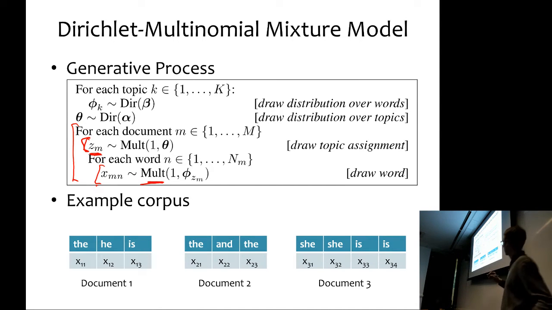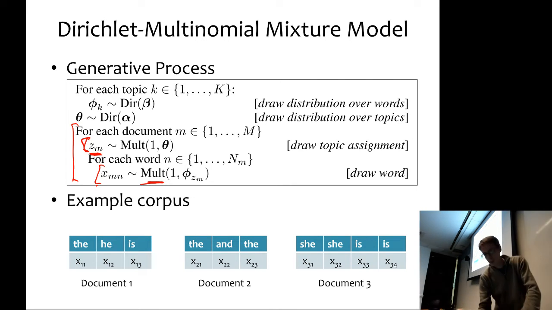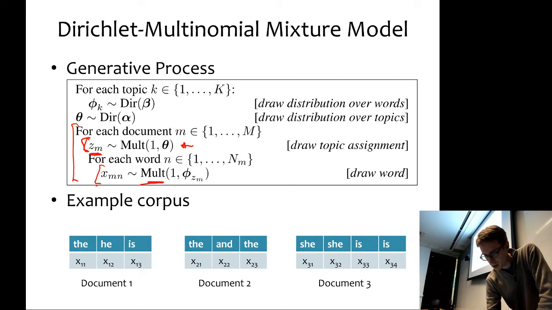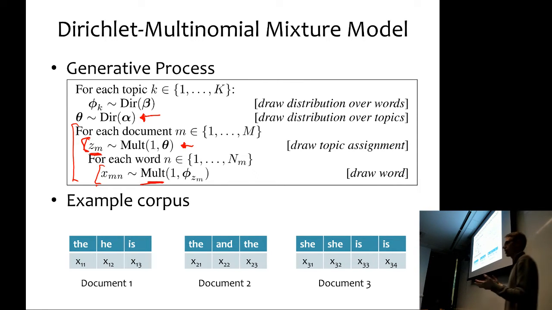So let's think about now where the parameters are coming from. The distribution over topics is just coming from a Dirichlet distribution over the vector theta.